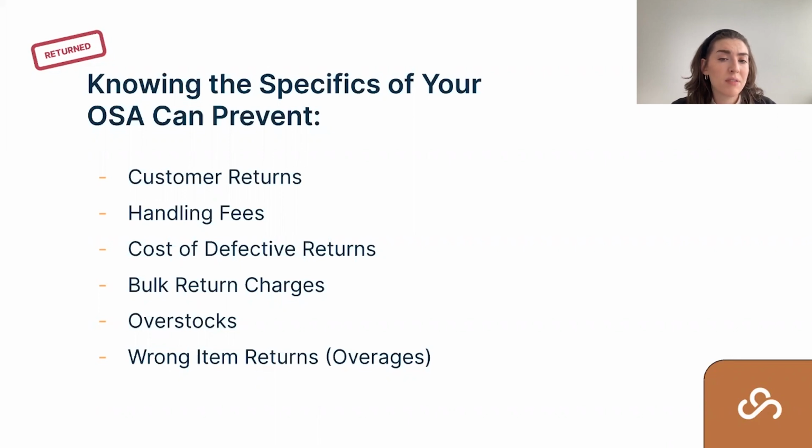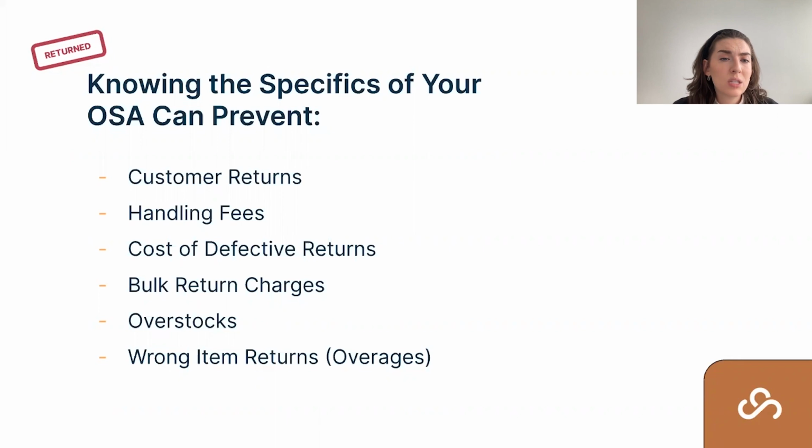So know if you have an overage for any of those types of things and if it should be applied. Understand bulk return charges, if there's some outline in your OSA that allows you to have bulk charges or a reduction on those because of an allowance for returns. Know what overstocks are, where overstocks are supposed to go and how they're supposed to be handled, and what happens with wrong item returns.